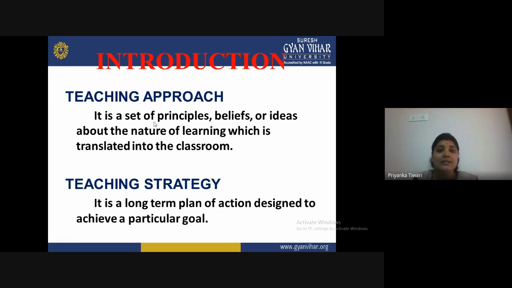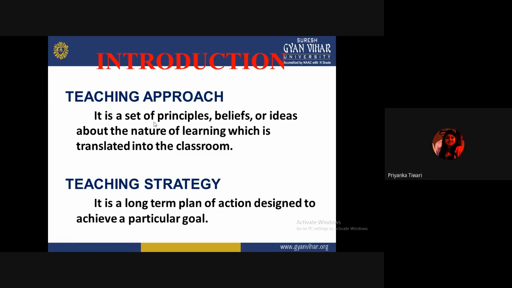Now we are having approaches in language, and we are discussing some principles. In a teaching approach, some principles are very important. Now we are teachers and we are taking classes of students. So the most important thing is translation, translated into the class.